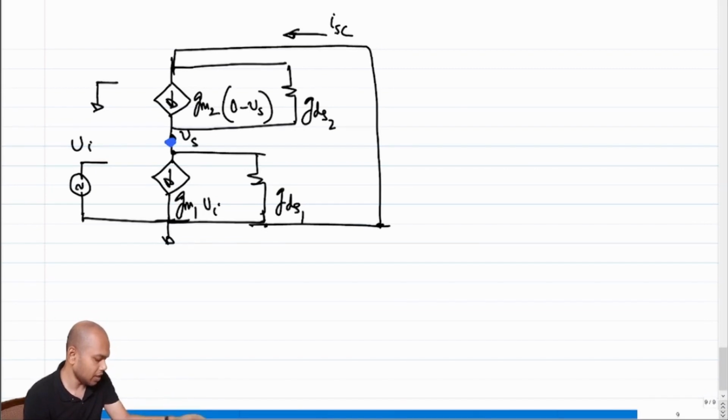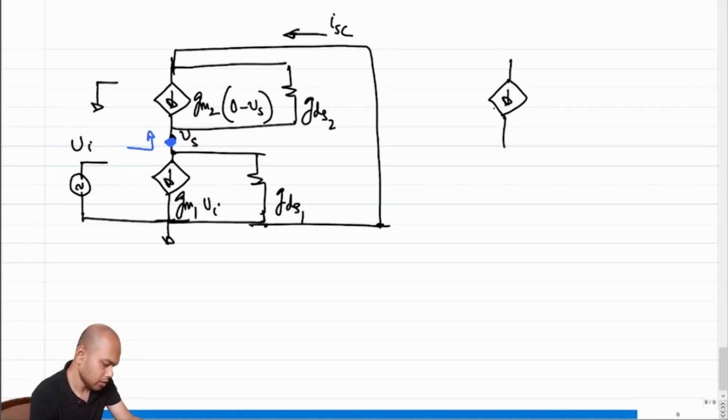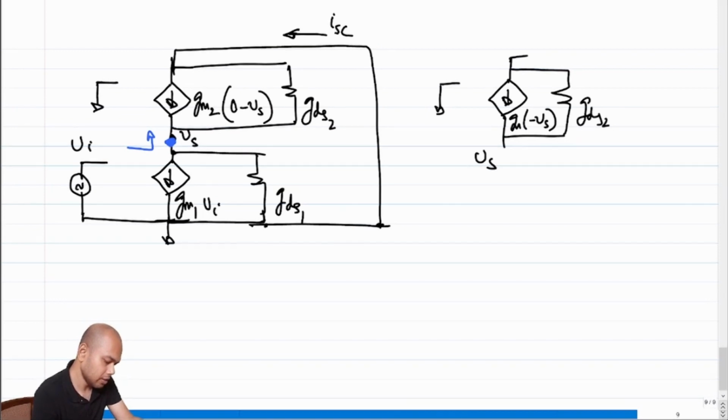So what I'm essentially asking is, what is the impedance looking up? What is the impedance of this guy? So this is GDS2, this is GM times minus VS, where this is VS and this is shorted.